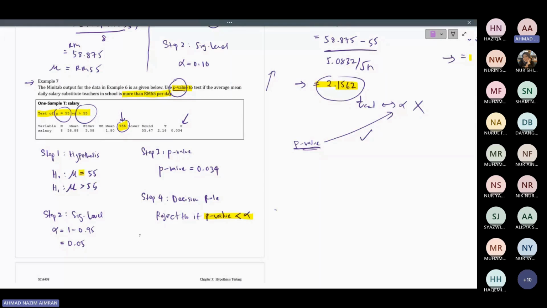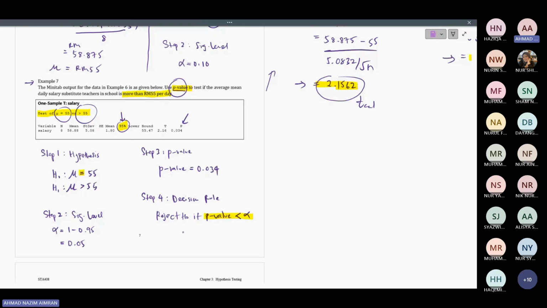And if you calculated the t calculated, then you need to compare with the t critical value. Remember that one, because this is the common mistake done by many students in the final exam or in the test. So please make sure that p-value is compared with alpha, t calculated is compared with the t critical value, and z calculated is compared with the z critical value.